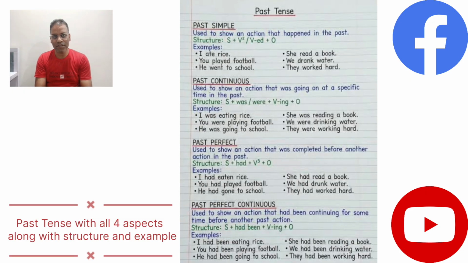For this aspect also, we use a conjunction so that we can attach another clause to make it a meaningful sentence. Say for example, I had been eating rice before my friend drank water.